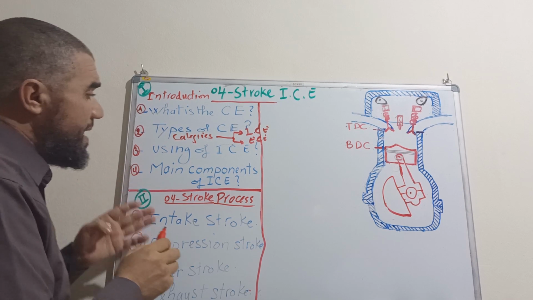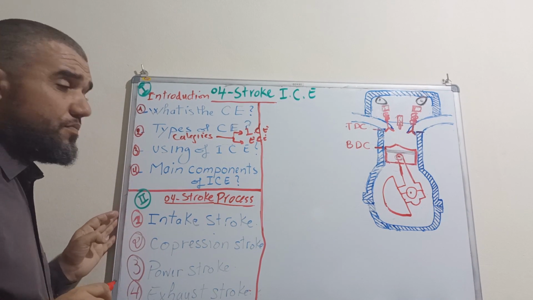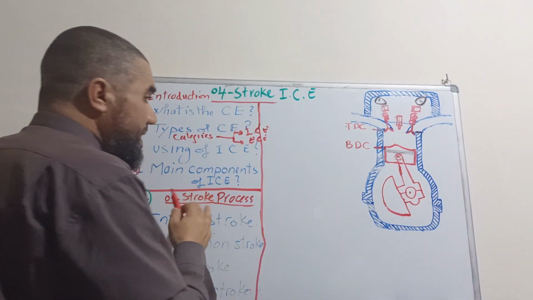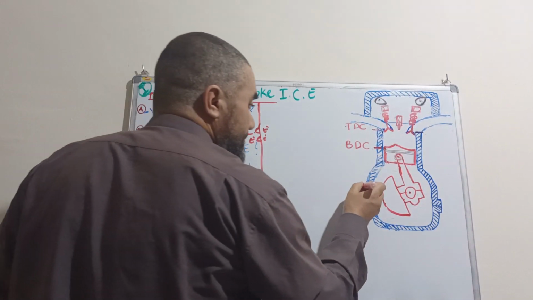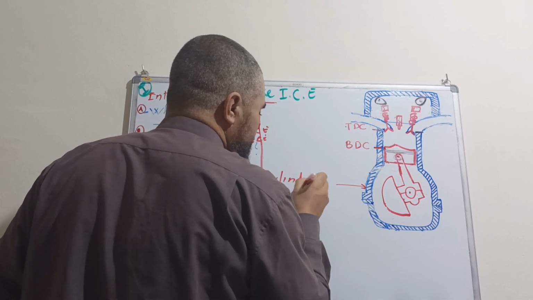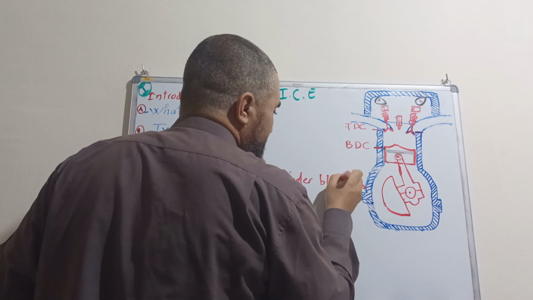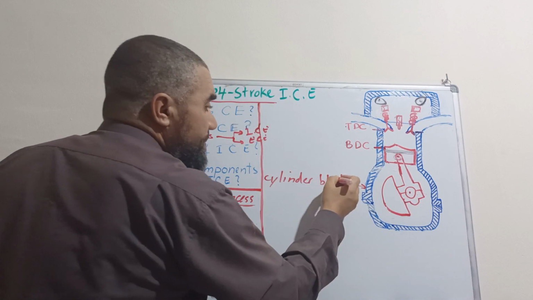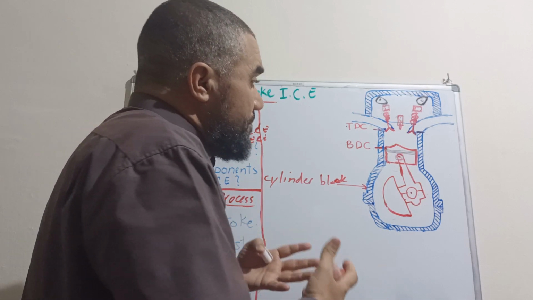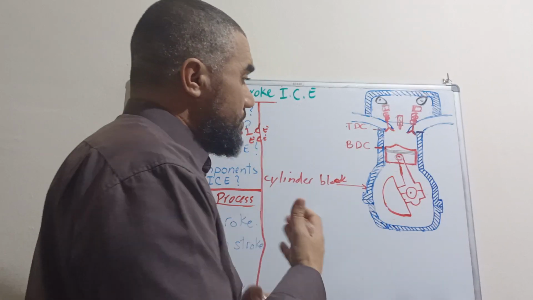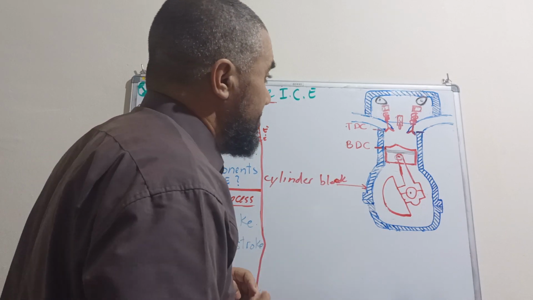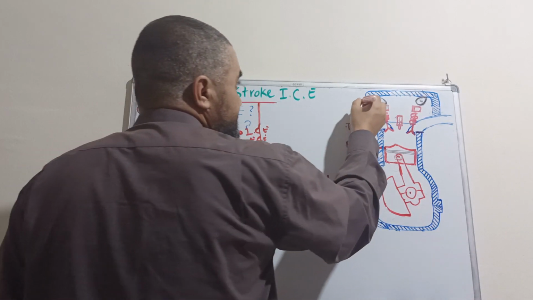And the last one, the main components of internal combustion engine. As you can see in this diagram, it represents the main components of the internal combustion engine. Here, this is the cylinder block. The cylinder block represents the frame or structure of the engine and supports all the moving parts inside. It also contains the galleries for the passage of coolant and lubrication oil.